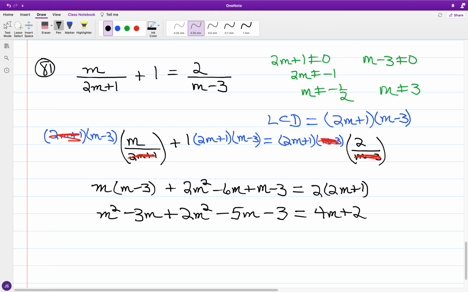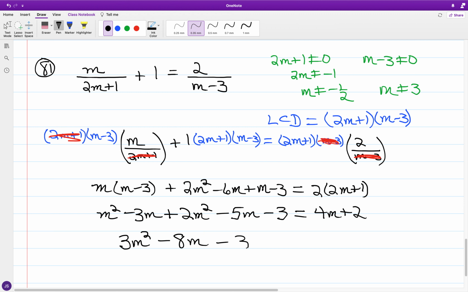Okay. And just rearranging the terms and putting them in descending degree order, the only squared terms we have are m squared and 2m squared, so this will become 3m squared. And then we have negative 3m minus 5m becomes negative 8m.